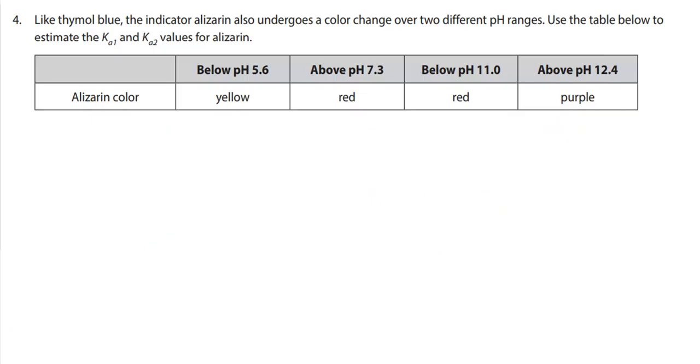Okay, number 4. This is similar to the other one where it had a bunch of information showing you color changes. It says, like thymol blue, the indicator alizarin undergoes a different color change over 2 pH ranges. What that means is there are 2 Ka values because we have 2 different transition points.